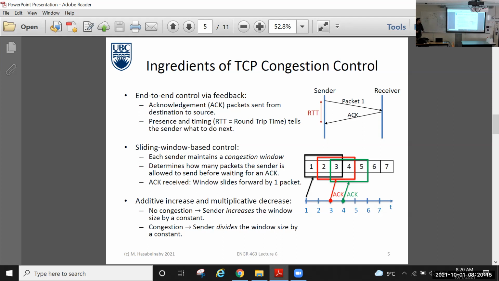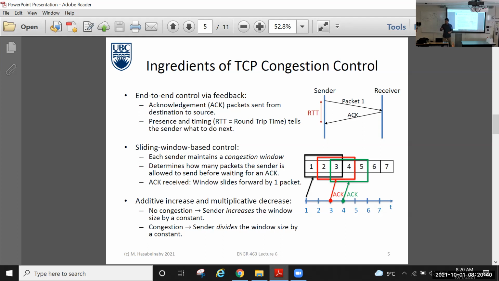What happens if I send 3 packets and after that I receive 3 acknowledgements for these 3 buckets? This means that the network is idle. What I send is what the receiver receives. So let's try to increase our congestion window.